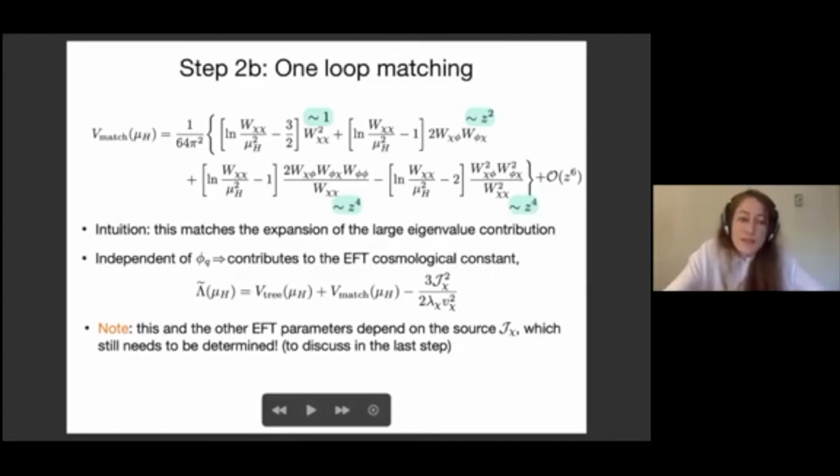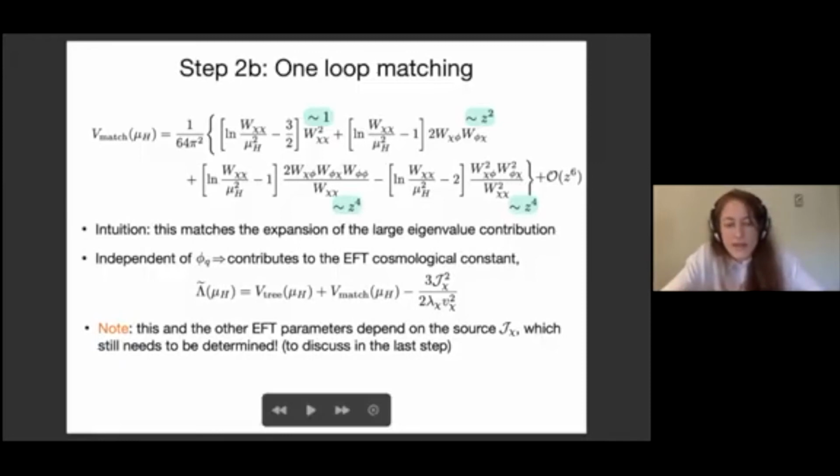The second comment is that this whole term is independent of phi quantum. It only depends on background fields. So in particular, it contributes to the EFT cosmological constant. At the end of the day, I can tell you what the whole EFT cosmological constant is at the matching scale: it's just the tree level potential evaluated on the background fields, plus this matching contribution, plus a term that depends on this curly j chi, which would have come from the tree level matching.